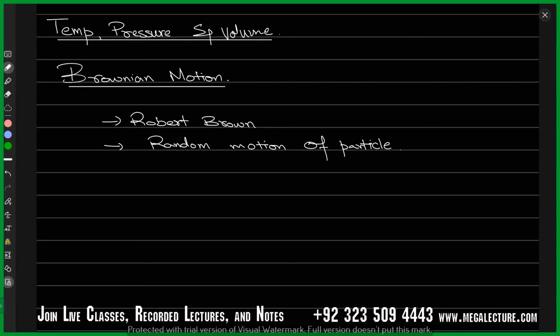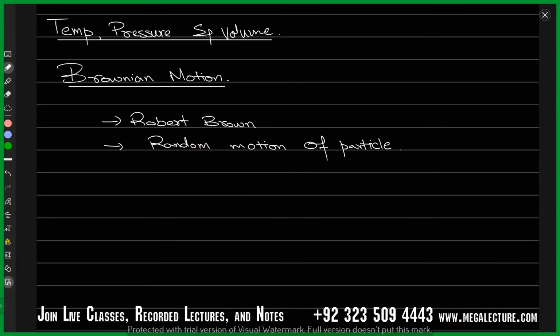Because they never saw non-living particles moving randomly, they always came across pollen grains, for example. Sorry, yes, it was pollen grains, if I remember correctly. They thought that it is the living nature of these pollen grains, that the particles in the pollen grains are randomly moving because they're alive.